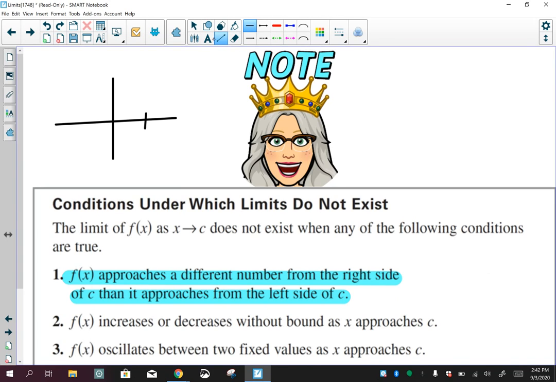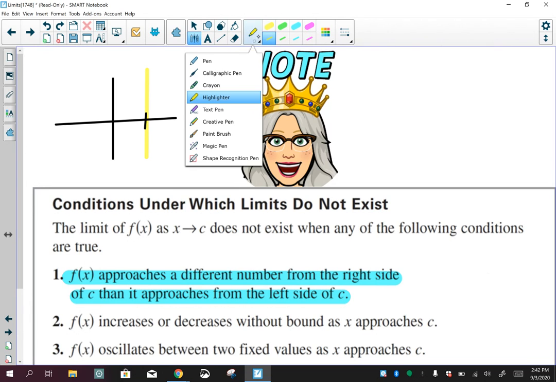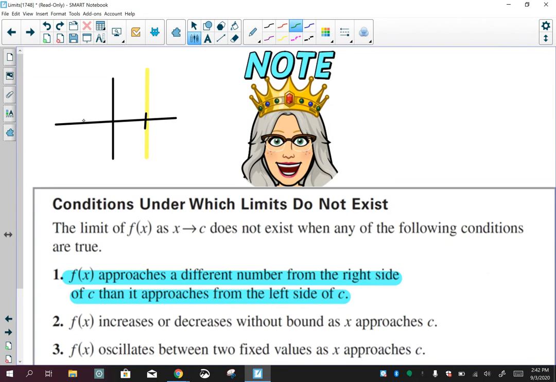I'm going to approach this number right here, but I know that here I've got an asymptote. So as I'm approaching it from this area without bounds, I'm going to go off into infinity, or I'm going to go down to infinity. That's what it means to increase or decrease without bound.